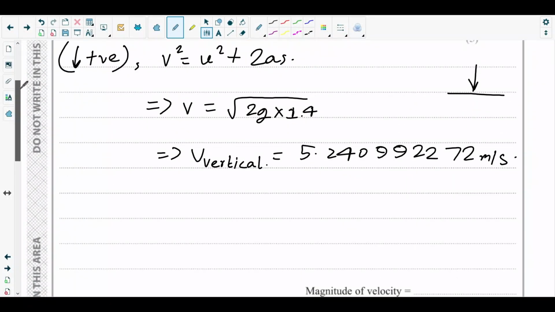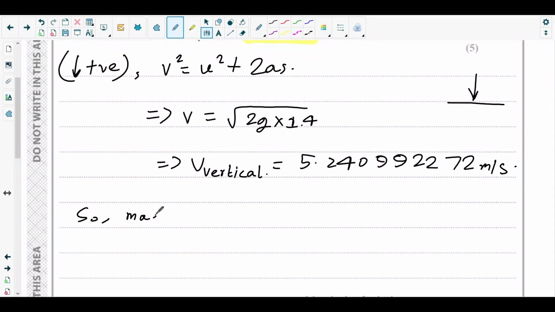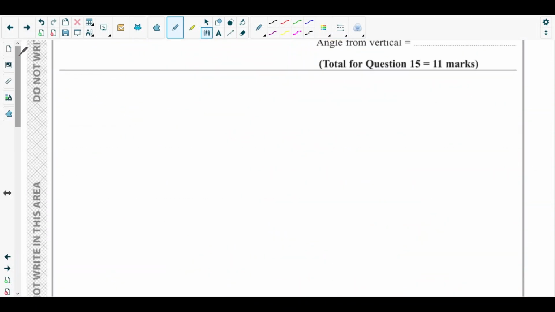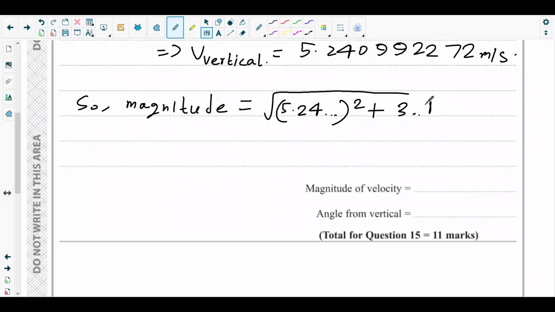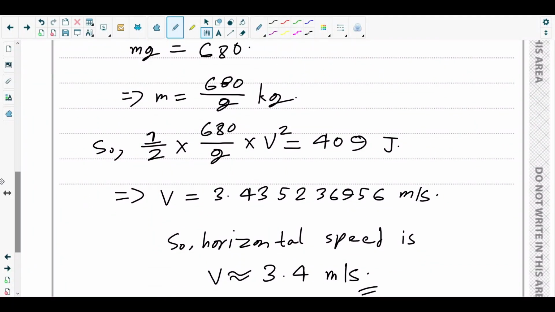They wanted the magnitude of velocity, so we use Pythagoras theorem: the vertical component squared plus the horizontal component squared, using the exact horizontal value 3.435236956, then square root.